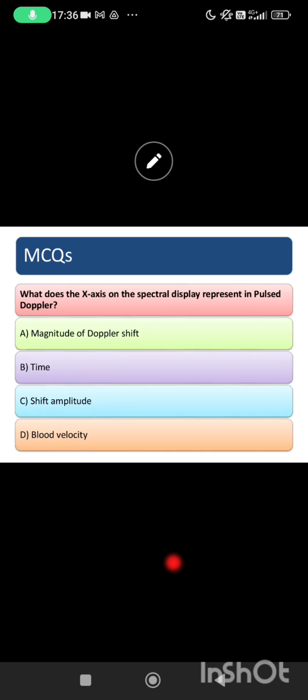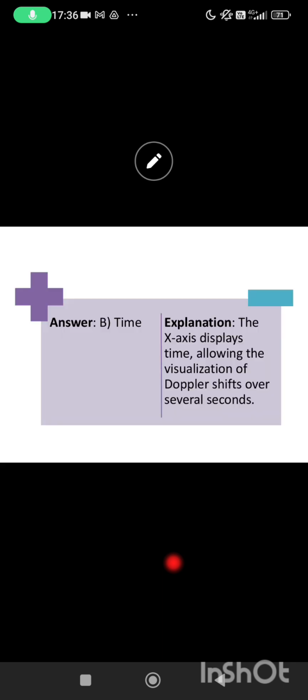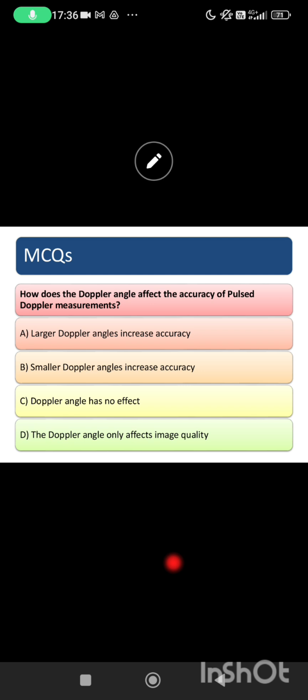Okay, Dr. Awadia, what does the x-axis on the spectral display represent in pulse Doppler? Time. Yes, the x-axis represents time. This means, how does the Doppler angle affect the accuracy of pulse Doppler measurements?